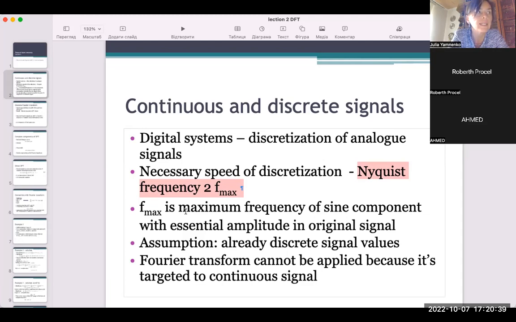We can calculate this maximum frequency after the decomposition of the analog signal into Fourier series, like you already know. You already know the procedure of Fourier series and Fourier transform. So you know how to obtain, instead of an initial analog signal, the set of discrete harmonics. And each harmonic corresponds to a separate frequency.